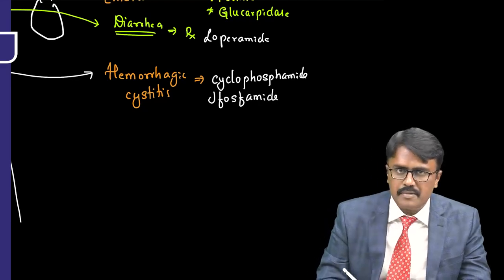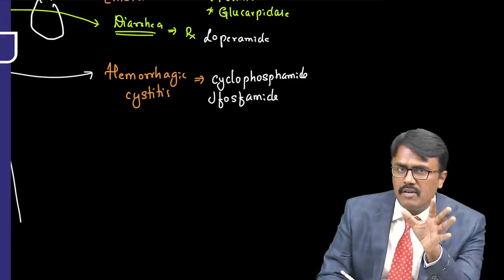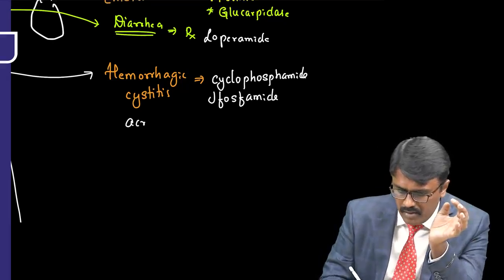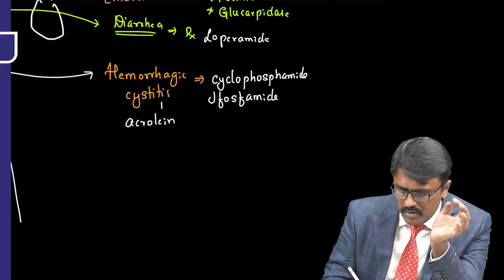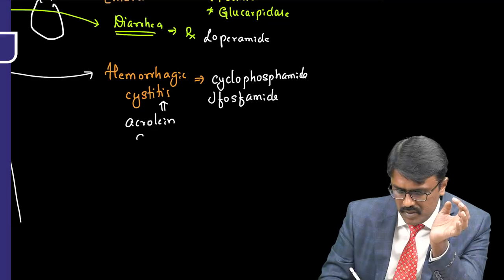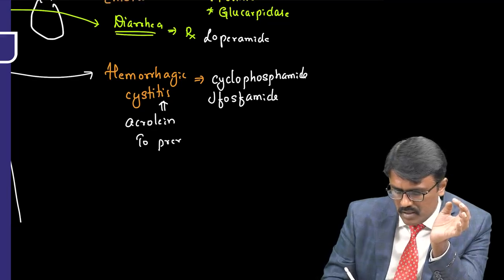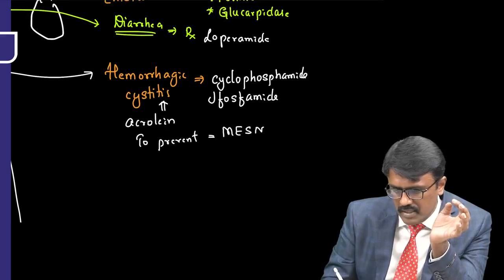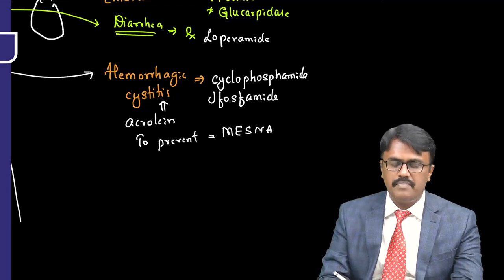Now, who is the culprit? The metabolite of cyclophosphamide is acrolein, and that is going to cause this. How do you prevent it? To prevent, we use something called mesna.